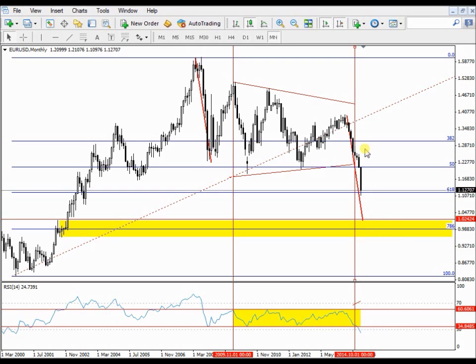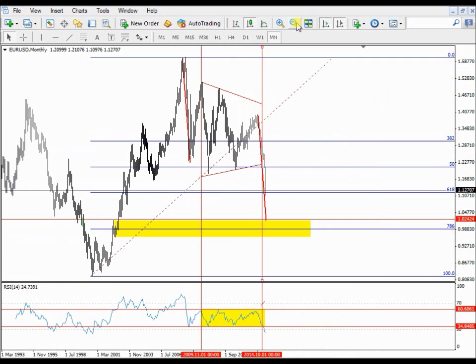I will look for this market to fall over the coming few months or weeks to a 78.6%, and then maybe if I get a candle formation on this little supply zone here, or demand level here, at the bottom, I will buy this market.